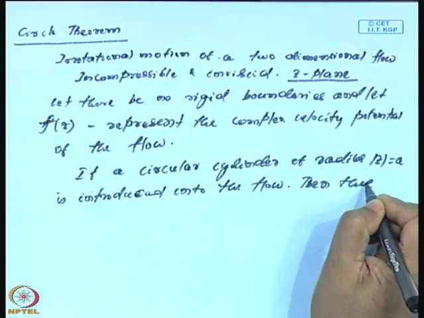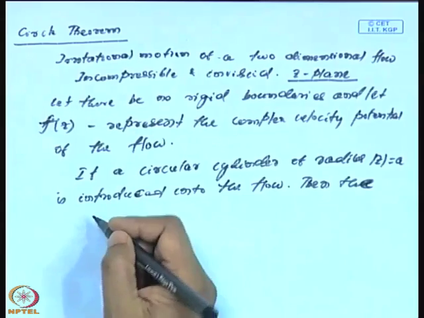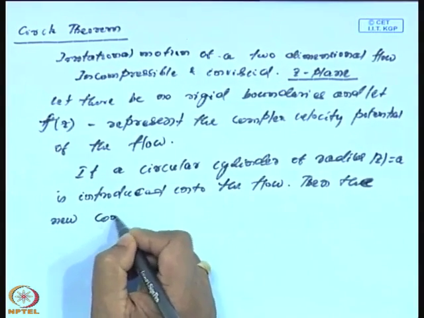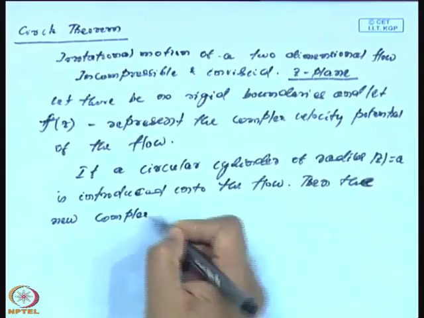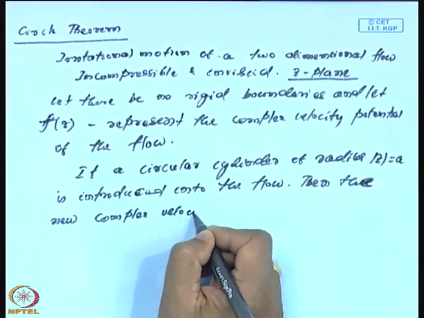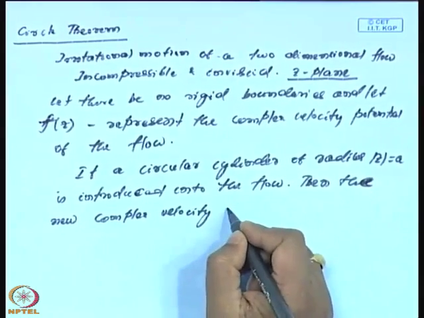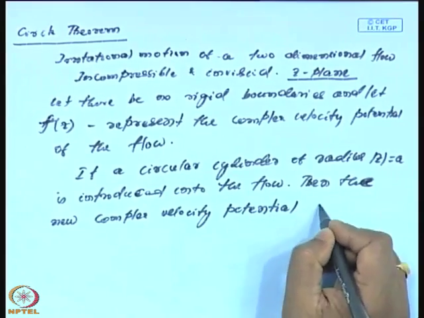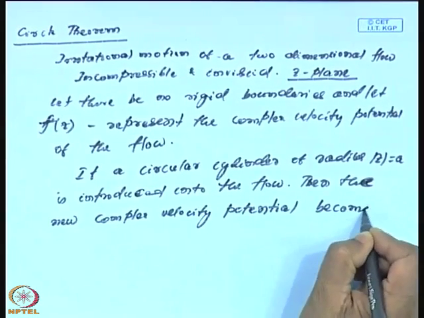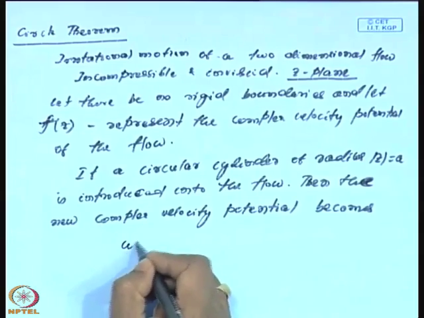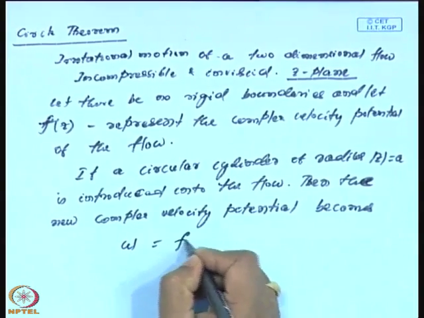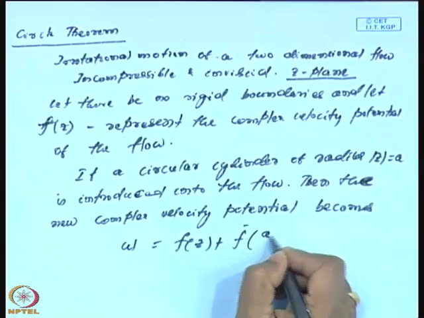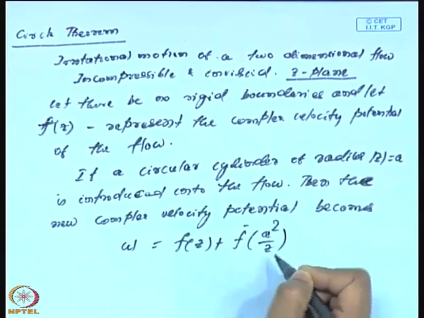The new complex potential becomes W equal to f(z) plus f bar of a squared by z.